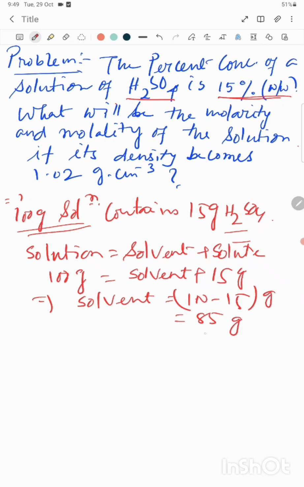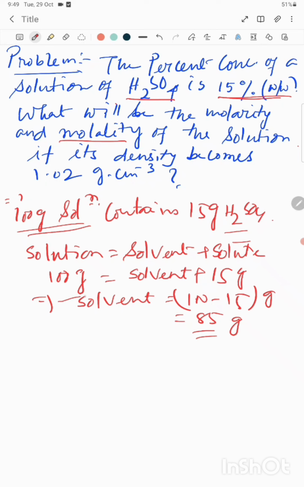So this is the amount of the solvent. We got it. Another thing that is important, that is number of moles. Actually, if we see the definition, first of all we got the value of the amount of the solvent. As it is the mass of solvent, we are going to molality, because molality means number of moles of solute present in 1000 gram of solvent.